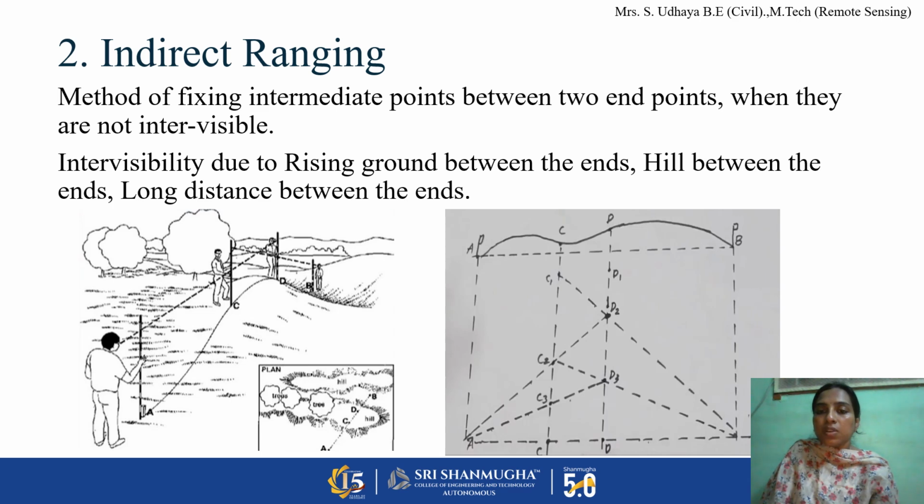The person standing at C1 directs the person standing at D1 to move to D2, which is again between A and B. Then C1 becomes C2, which lies between A and B. This is how indirect ranging is done. The process is continued until we get an approximately straight line, that is A, CN, DN, B, so that we can measure the distance between A and B.